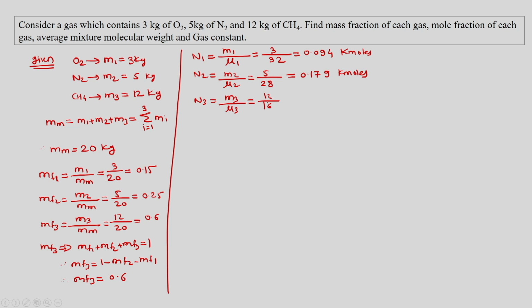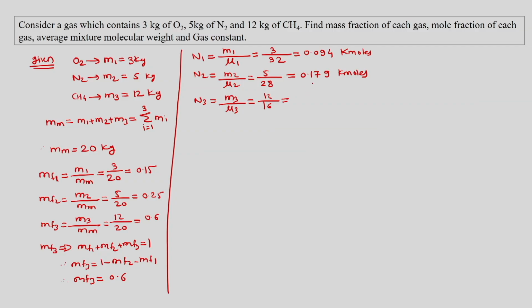CH4 has a molecular weight of 16, which is 12 for carbon and 4 for hydrogen, so 12 plus 4 is 16. So 12 by 16 is 0.750 kilomoles. Then we can find Nm equal to N1 plus N2 plus N3.